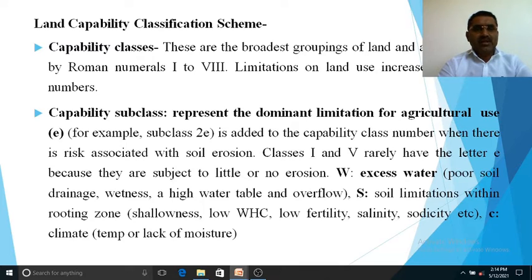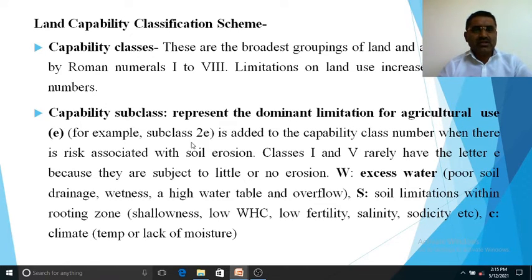Next scheme is capability subclass, which represents the dominant limitation for agricultural use, E. So suppose 1 is a class, and if we put E over here, that is the subclass. In the bracket here, for example, subclass 2E, 3E, 4E.